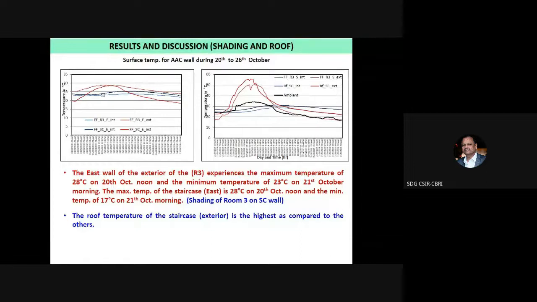There the temperature increase is not that much because of the shading devices. After evening time, because of the shading, on the east side of R3 and the staircase side, the shadow of the room is decreasing the temperature in this time period.